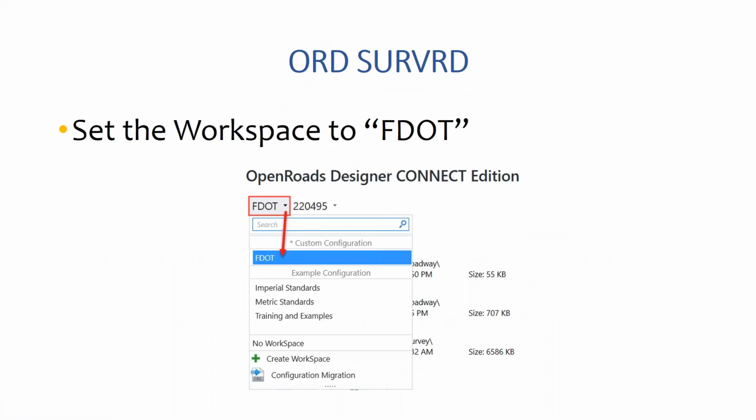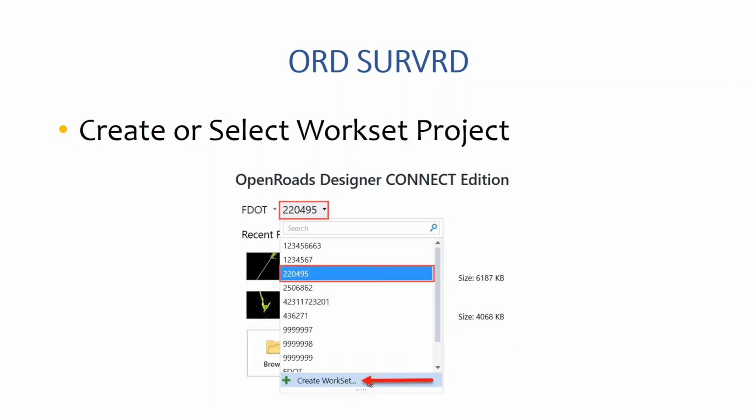So we're going to jump into the FDOT Connect workspace. As you've seen before, we'll use the Create or Select Workspace project to either select our work set or create the work set.